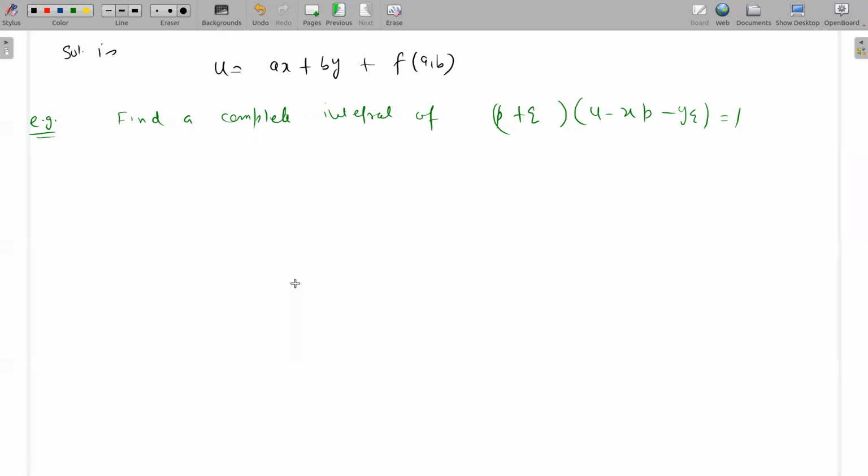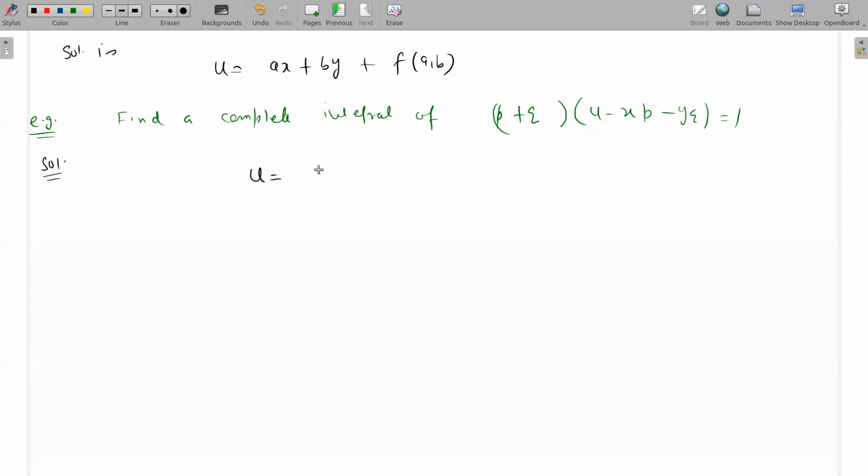If you are unable to trace the form, just write the usual Charpit equations, and you can check from the Charpit equation itself that you got these relations. So don't worry. If you are not able to write the form, just write the Charpit equation, then you will get the same answer.